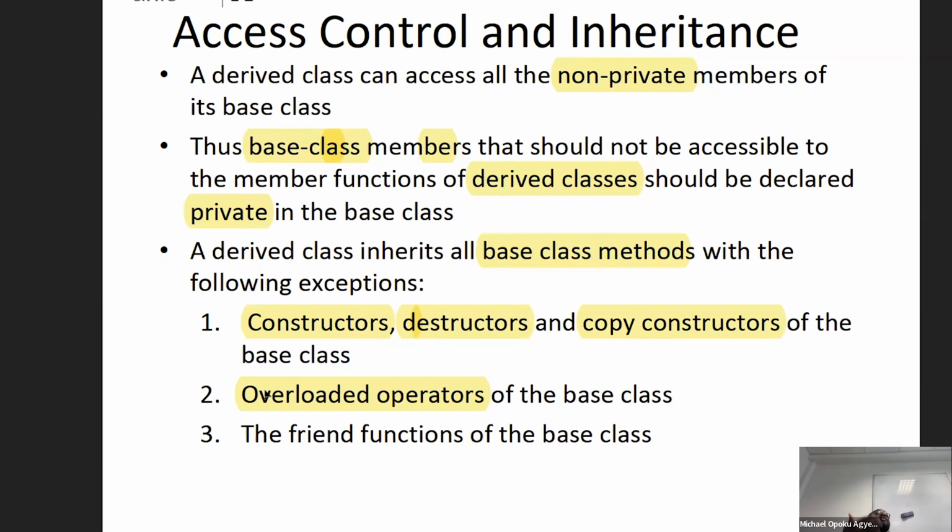So if you redefine certain operators, you are overloading them, and C++ allows you to overload some of its operators. Okay. We also cannot inherit the friend functions because, of course, the friend functions can access the private members. So it's just a few ground rules for us.